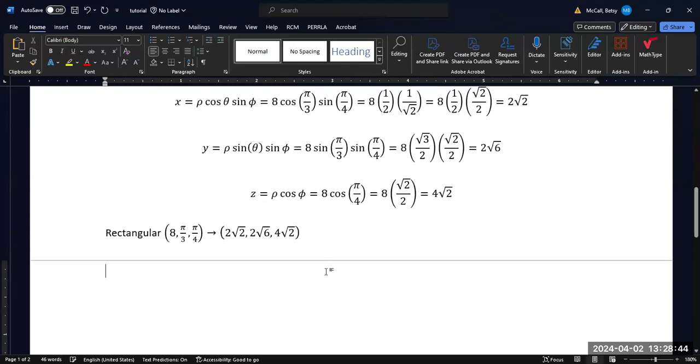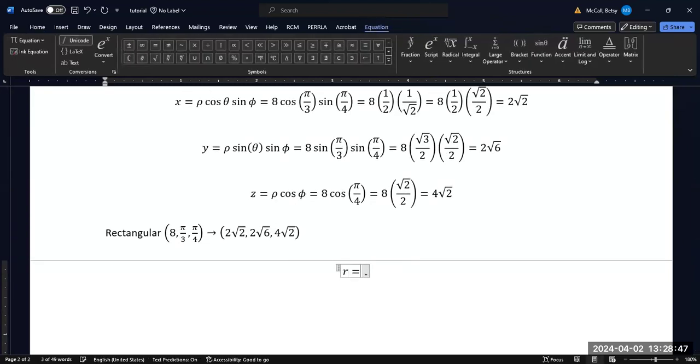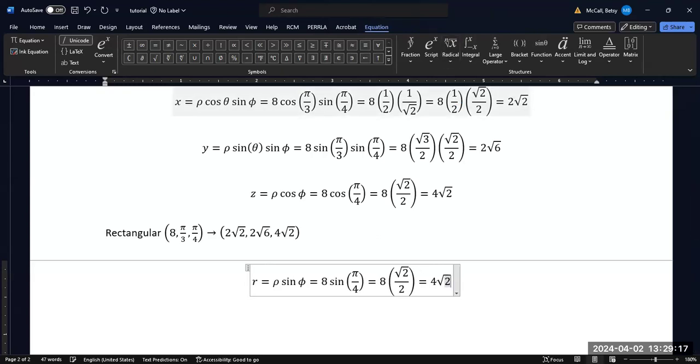So that's the last thing that we have to do, which is to calculate R is rho sine phi. And if we calculate that, we're going to get 8 times sine of pi over 4, which is 8 times square root of 2 over 2, which is going to be 4 square root of 2.